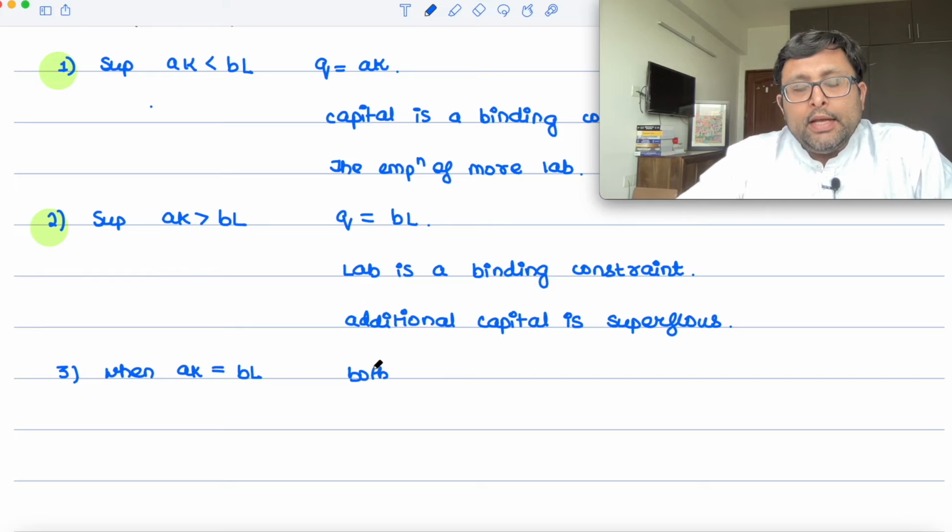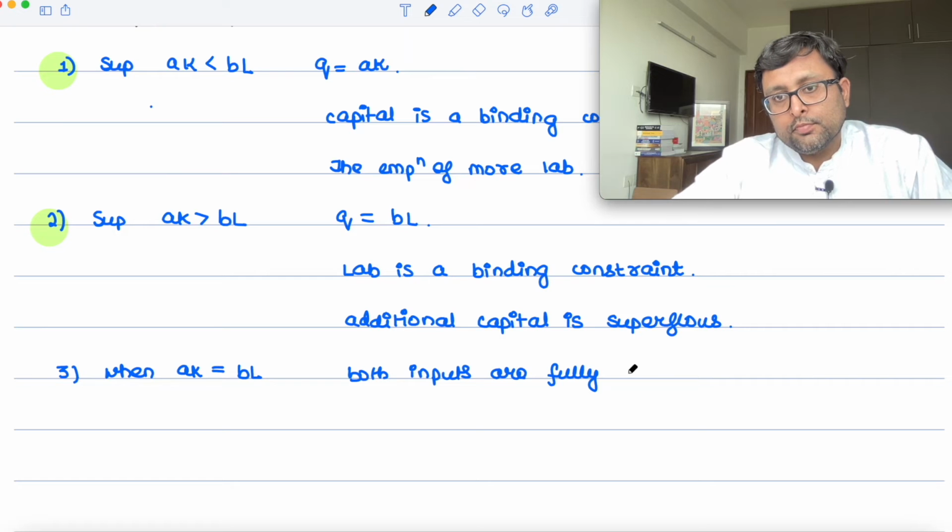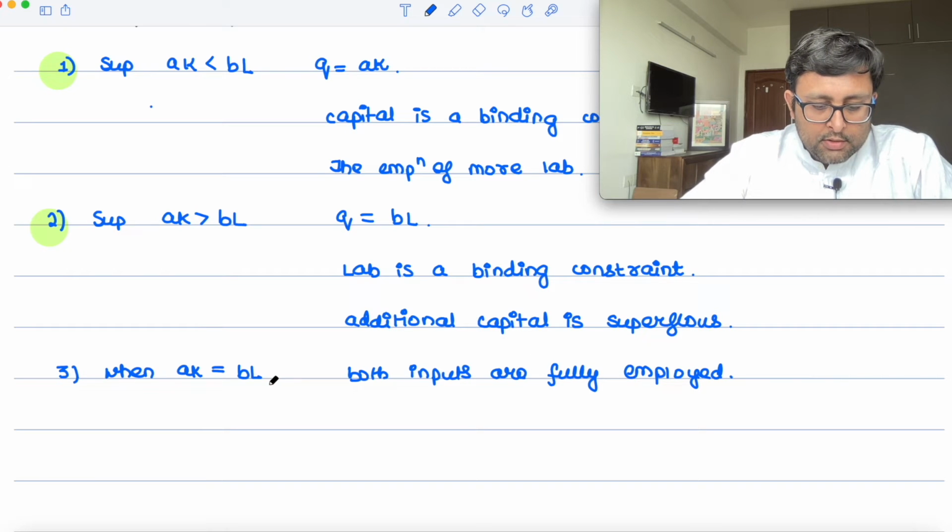You're not using any input unnecessarily. Both inputs are fully employed.